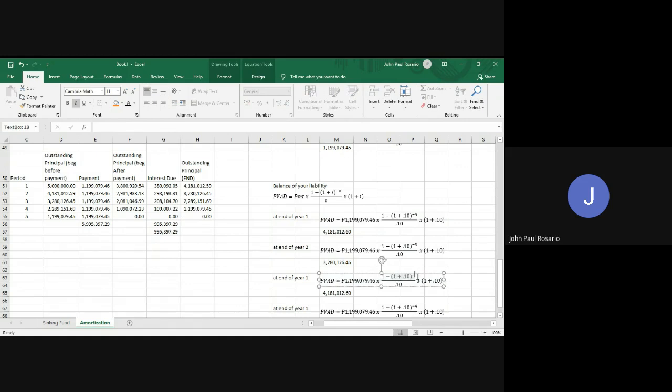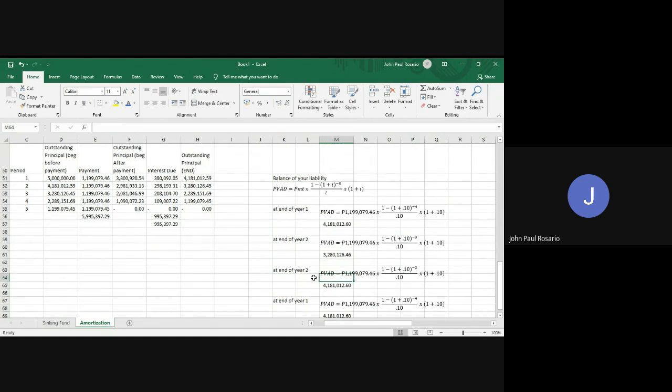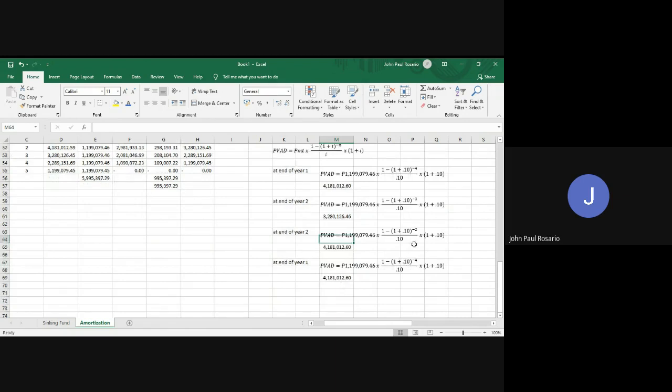So at the end of year 3, only 2 periods remain. Same with here, 2 periods. 2289151. Then at the end of year 4, that means only one year remains.